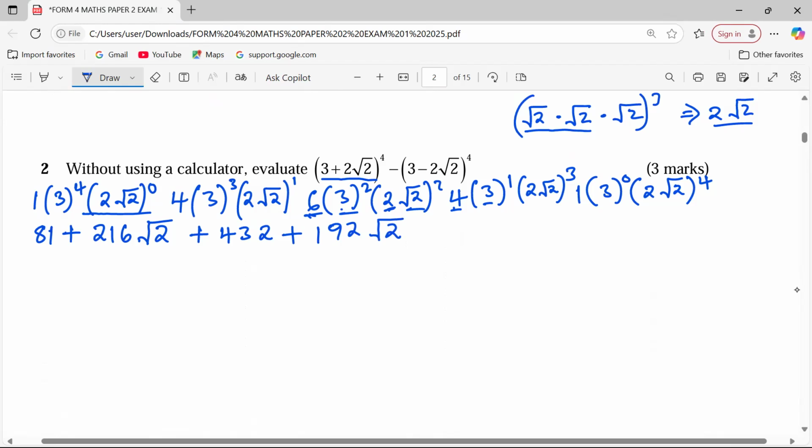And finally, the fifth term, this one shall be having a 1 times 1, because 3 power 0 is 1. Then 2 power 4 is 16. Then when we have the root of 2 power 4, this is what we will get. The root of 2 times the root of 2 times the root of 2 times the root of 2 again.